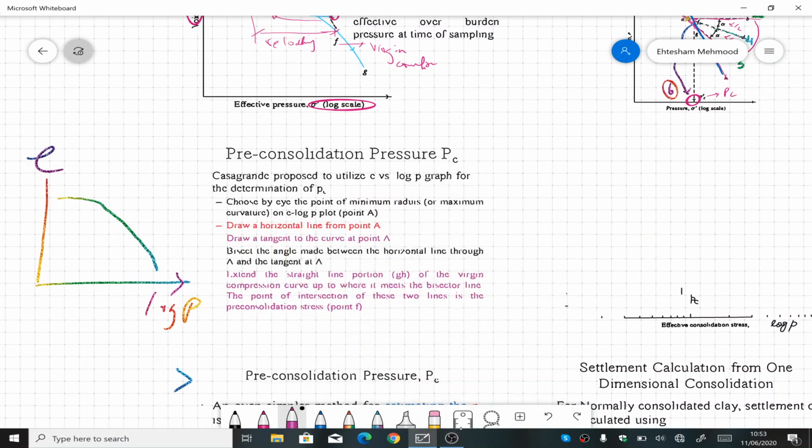One method is to simply make a line along the initial portion of the curve, and then draw a line along the last portion of the curve. Where these two intersect, that point, move downward. So this point would be PC or the pre-consolidation pressure. This is another method of finding the pre-consolidation pressure from the test.